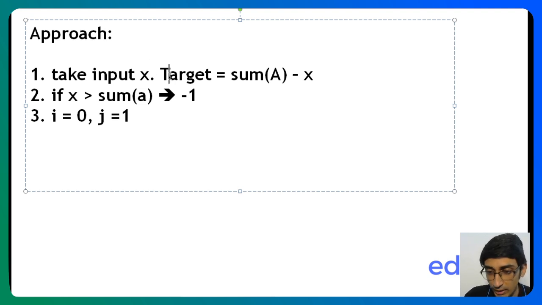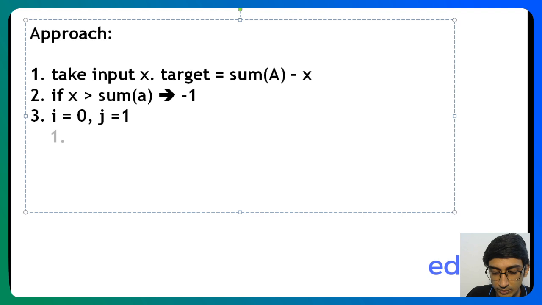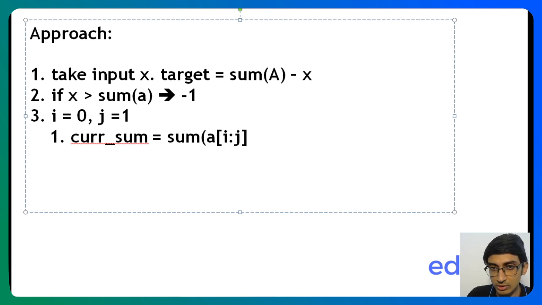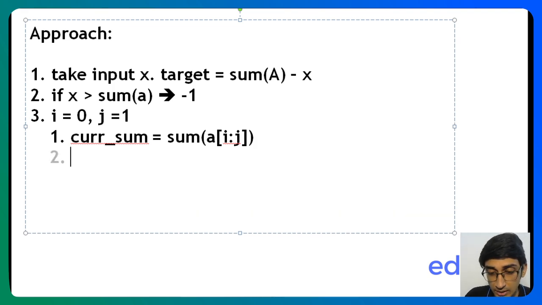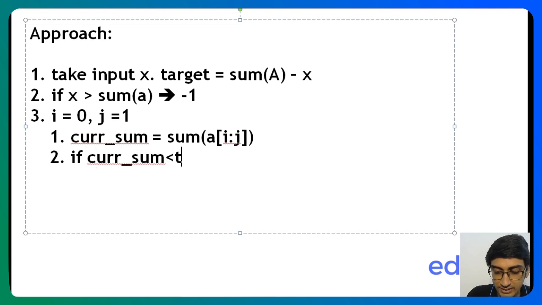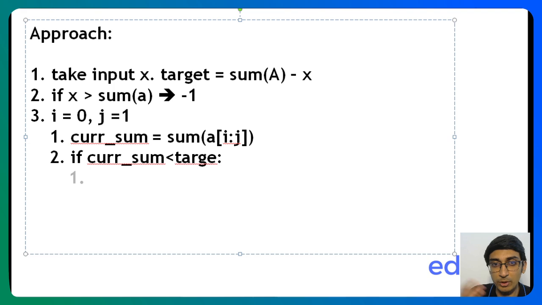You'll say the current sum is equal to the sum of a of i till j. If the current sum is less than target, then you move your j pointer forward, because you want to increase the sum. So you say j is equal to j plus 1.